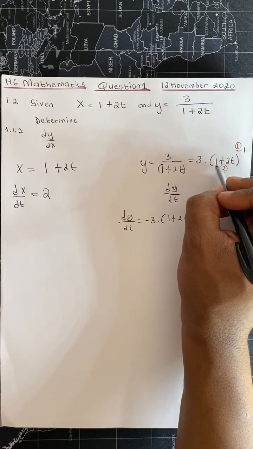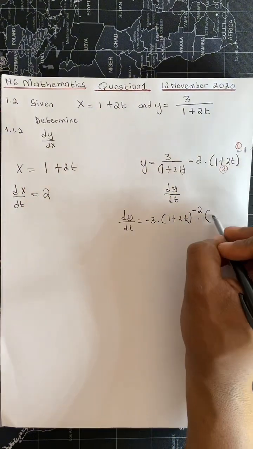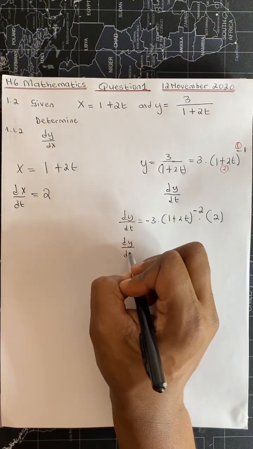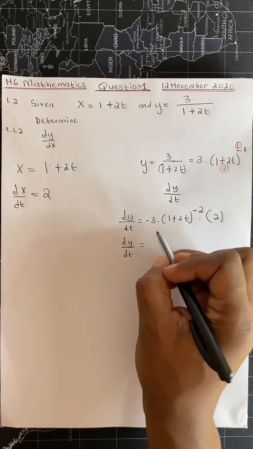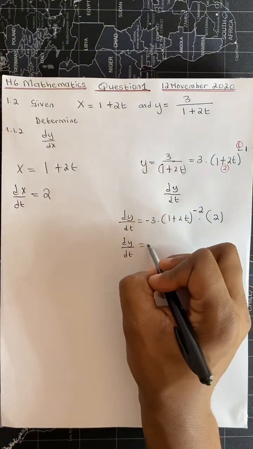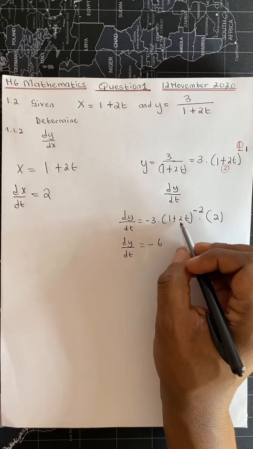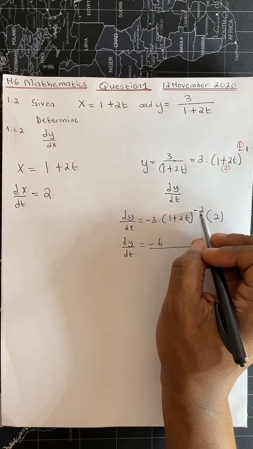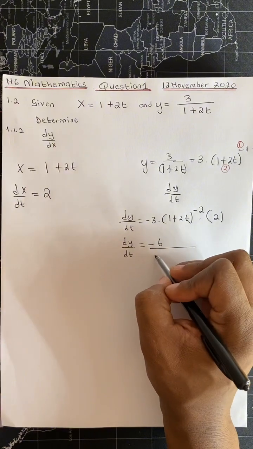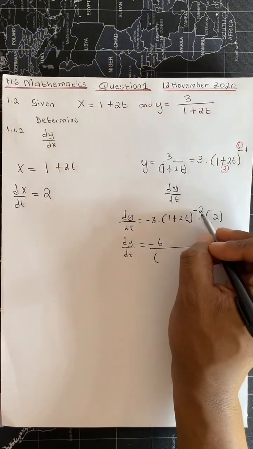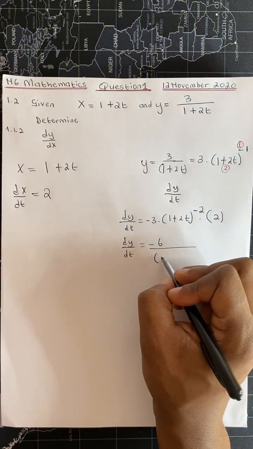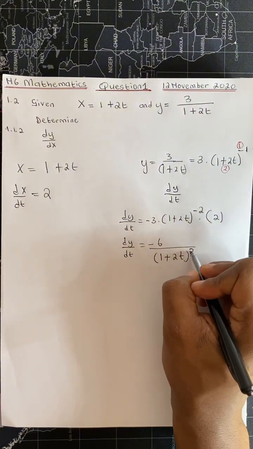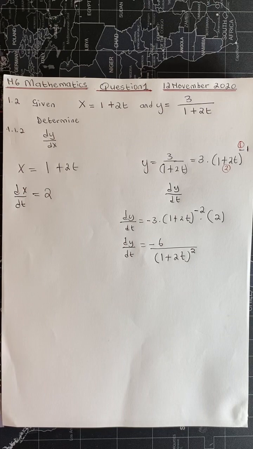The derivative of 1 is 0, the derivative of 2t is equal to 2. Negative 3 multiplied by that 2 will be equal to negative 6. And we can take this (1 plus 2t) raised to the power negative 2 to the denominator, so the exponent changes sign from negative 2 to positive 2.